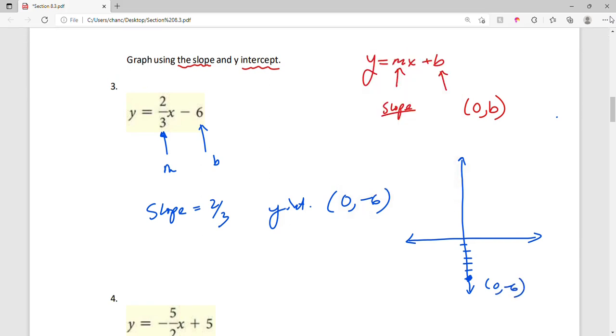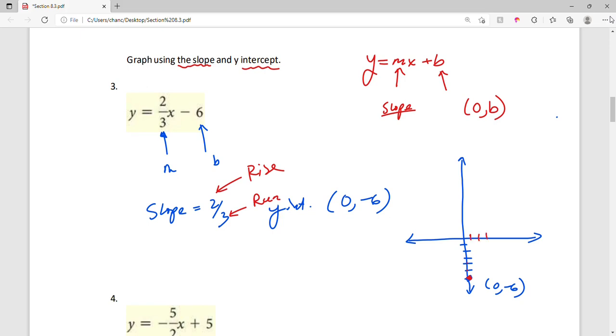And then we'll use the rise over the run to plot our second point. We'll start from the y-intercept (0, -6) and go up 2 spaces, 1, 2, and then to the right 3, 1, 2, 3.